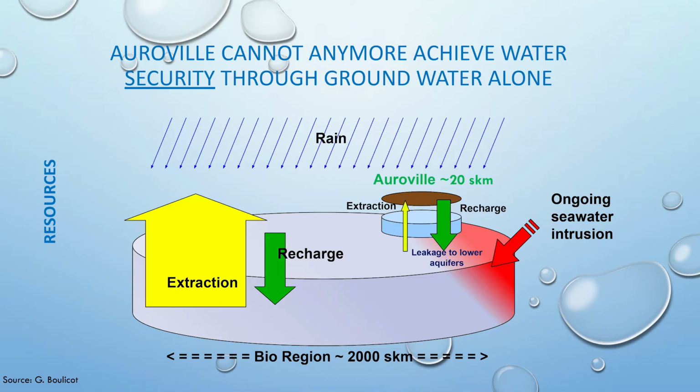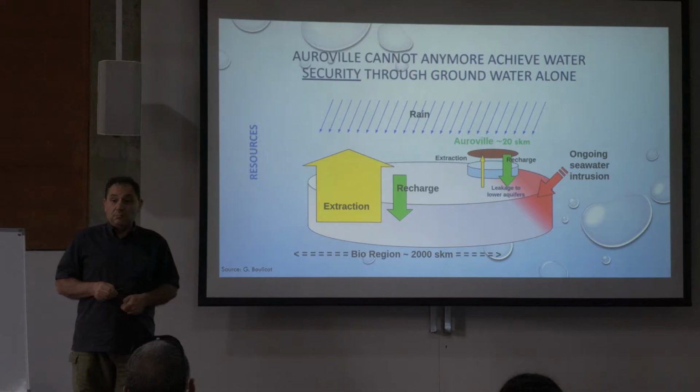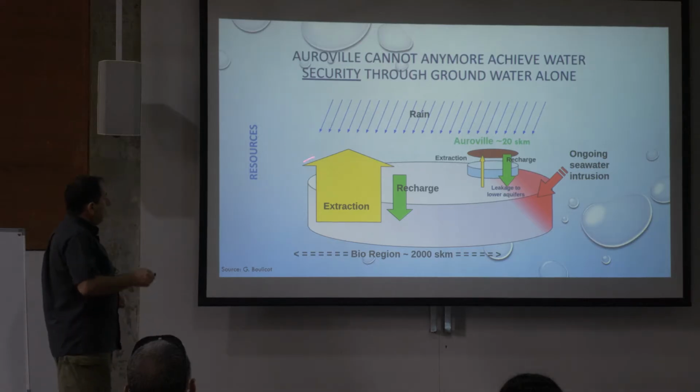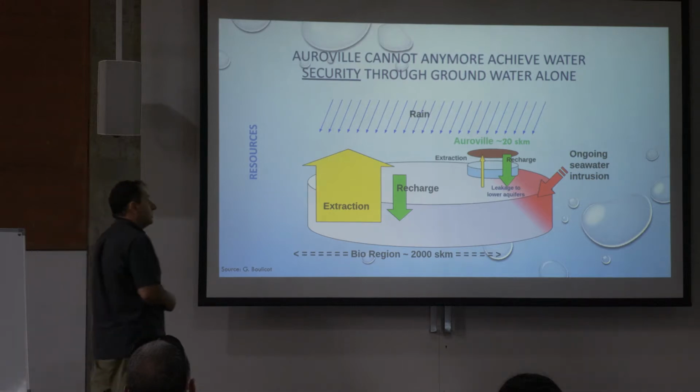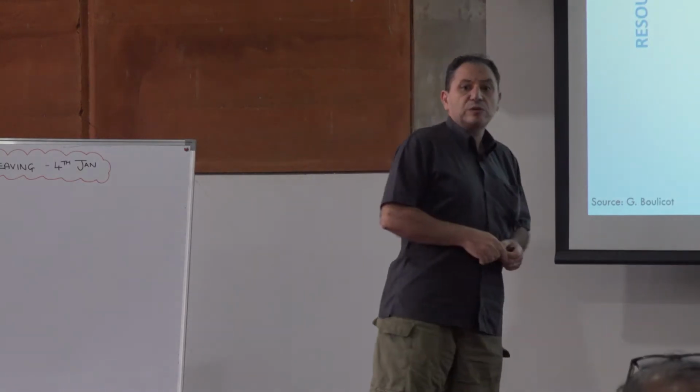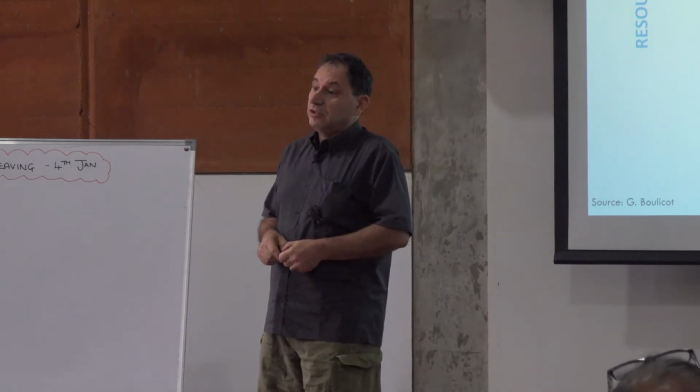This picture comes from Gilles Bourriquot, but it summarizes very well the status of the affair here. This is the source, rain, okay? This is where we are. This is where Auroville is. Auroville in its history has done something which was not done parallelly in the region.